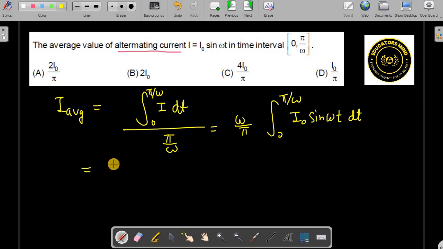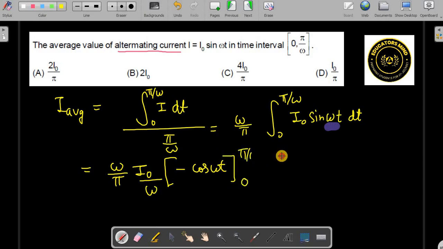I naught is constant, take it out. Sine integration is minus cos omega t. Remember, the coefficient of time, omega, will get divided here. You have to bring it outside, and this is going from 0 to pi by omega.